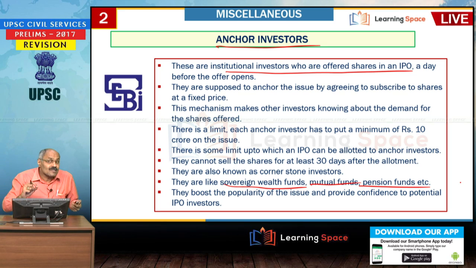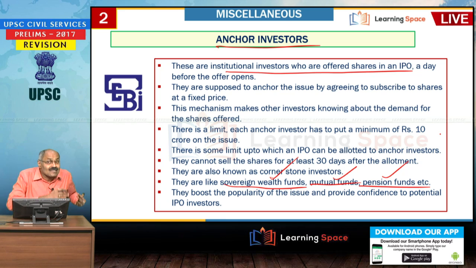And anchor investors means, at the time of a company going for an IPO, initial public offer, let us say a new company is going for a rupees 10,000 crore initial public offer, and there 3,000 crores, let us assume, will be subscribed initially by the long term institutional investors like wealth funds, mutual funds, pension funds, insurance funds.